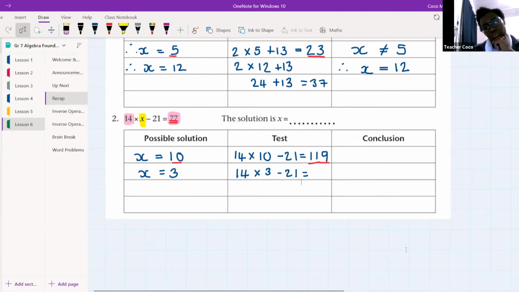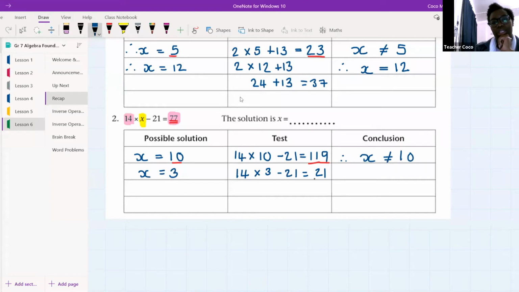And then if I minus 21 from 42, I'm going to get 21. So it's definitely, look, I'm forgetting to do my conclusions. x is not equal to 10. And this number is too low. Therefore, x cannot equal 3. 3 is too low. We need a number in between 3 and 10.